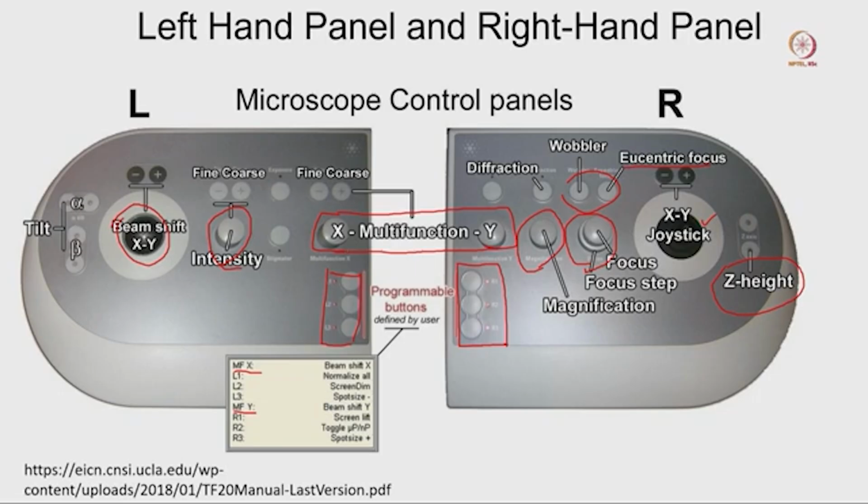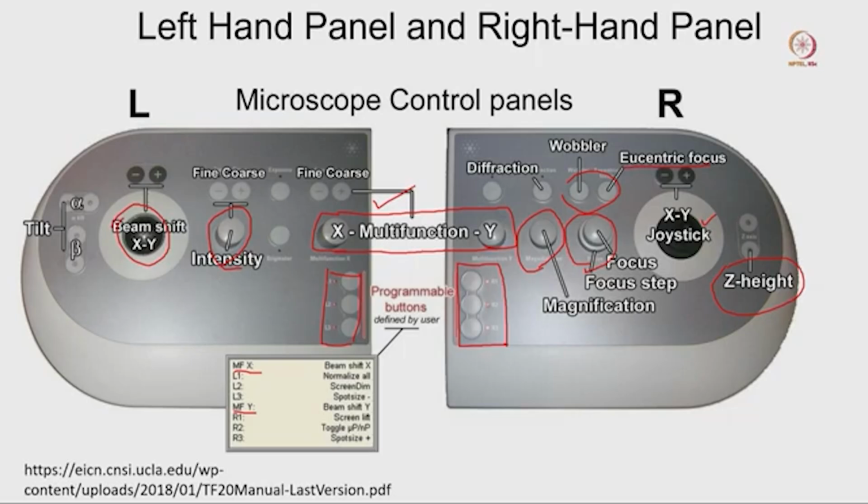We use this tool to correct different kinds of aberration, mainly astigmatism, condenser astigmatism, objective astigmatism, or if we want to align our electron beam, like correcting the gun tilt, gun shift, then beam tilt, beam shift. In all these cases, multifunction X and Y is a very important tool which is going to help us align the beam.